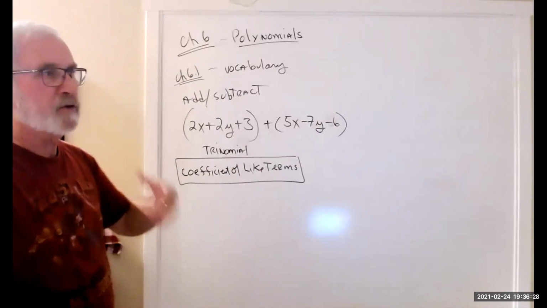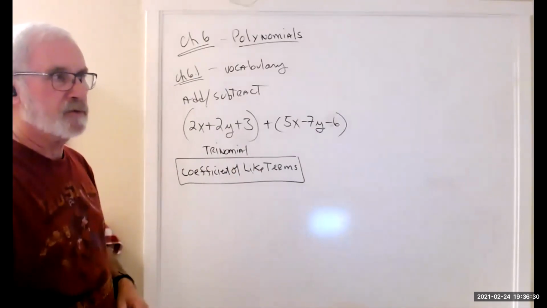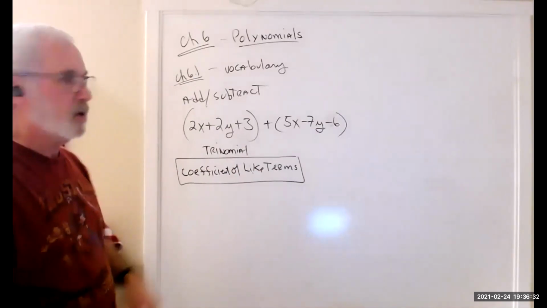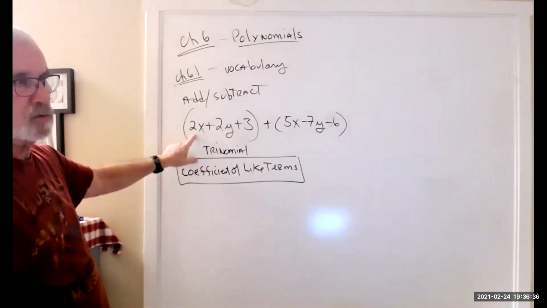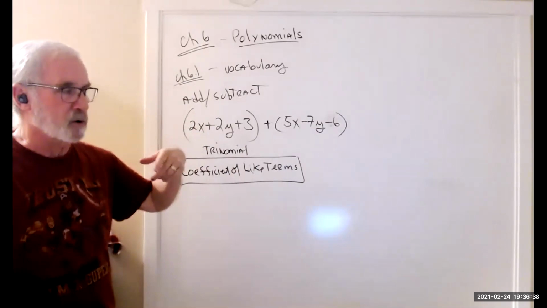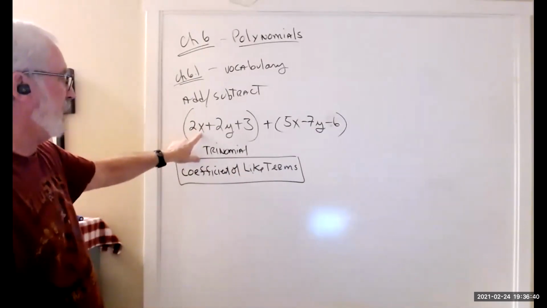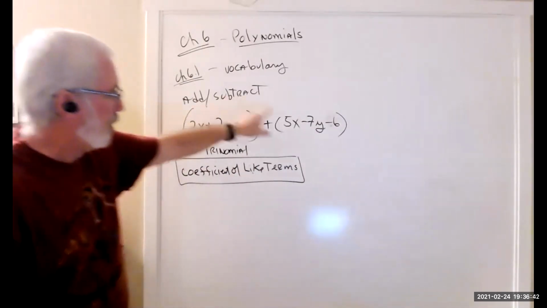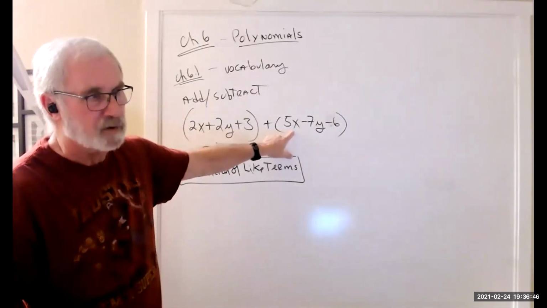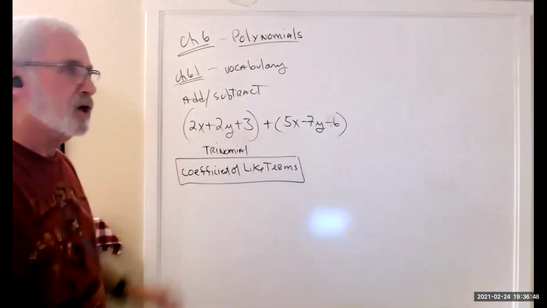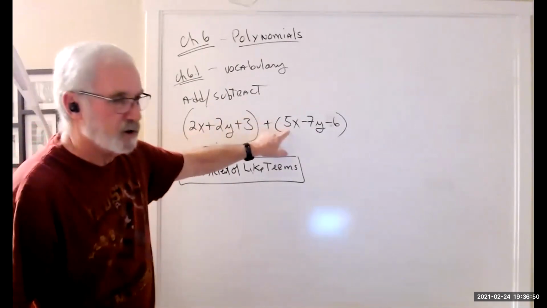Coefficient means the number in front of the variable. So on this problem, the coefficient of the x is a 2. On this problem, the coefficient of the x is a 5. So the coefficient is the number in front of the variable.